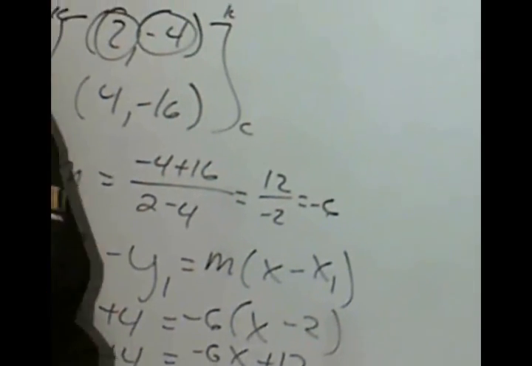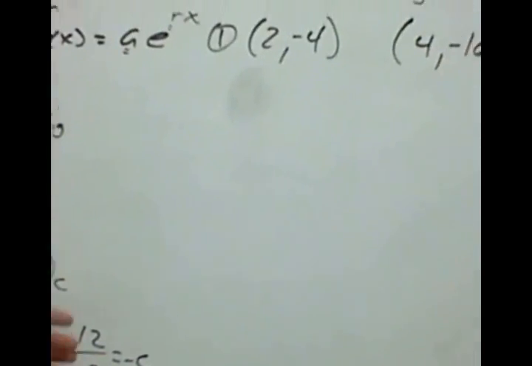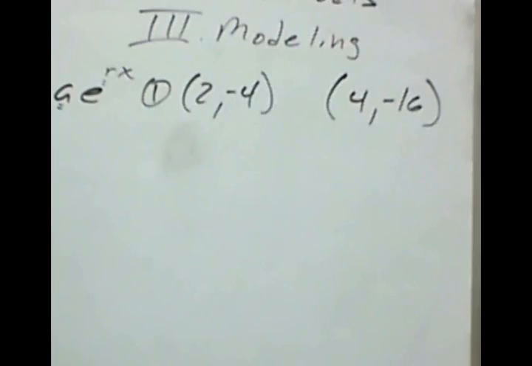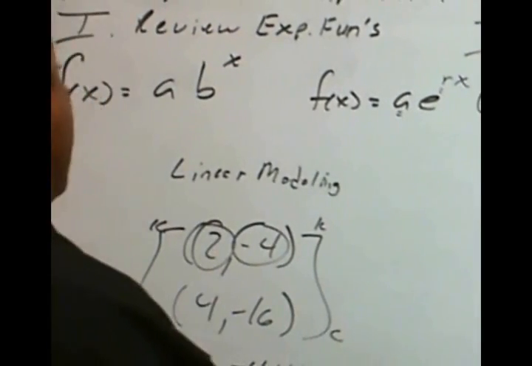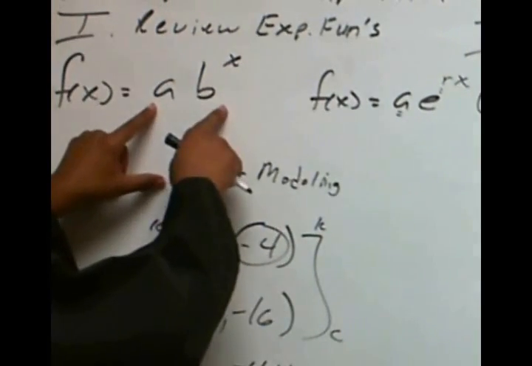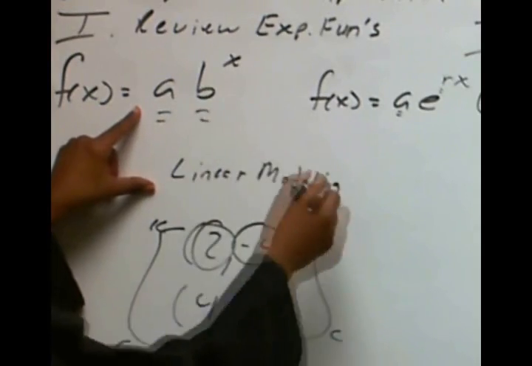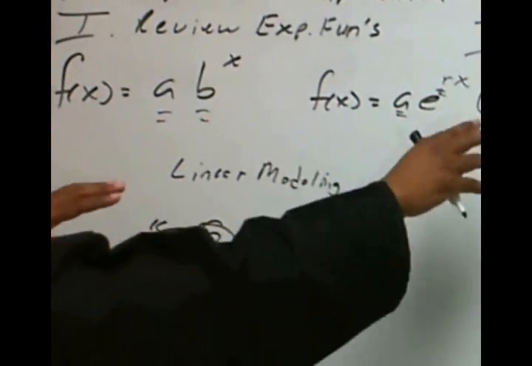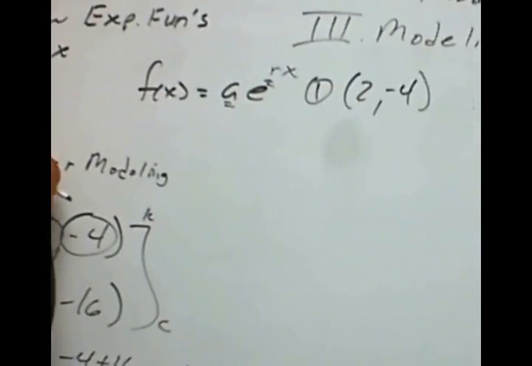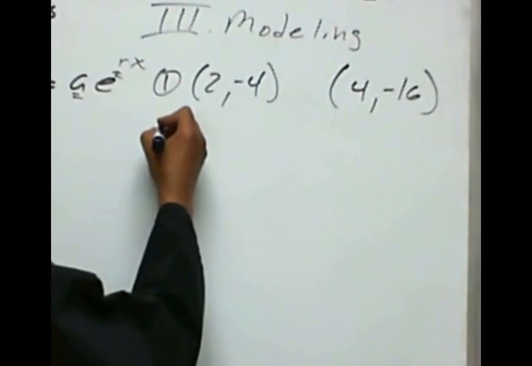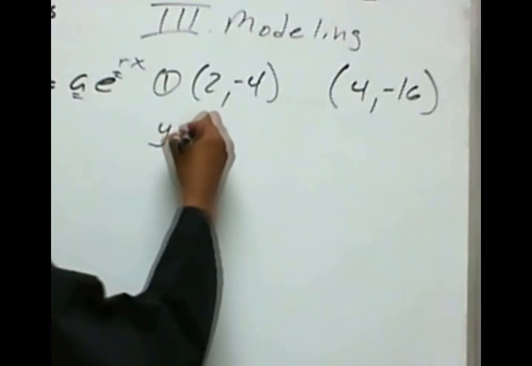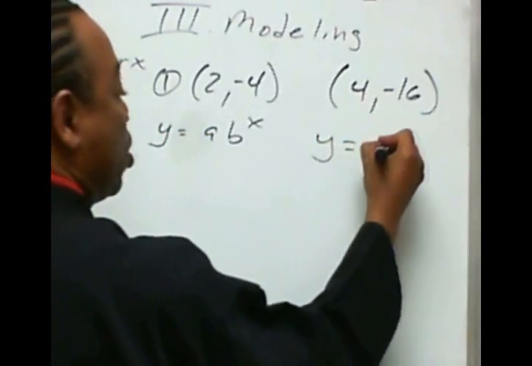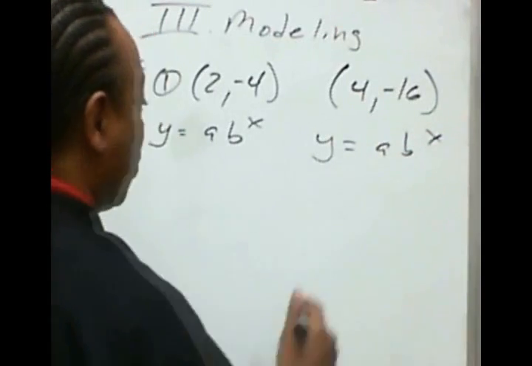What we're going to do now is get a model that's going to be an exponential model from 2 points. Okay, and there's 2 types. There's this model here that has A and B. There's another model that has A and R. Let's get a model that represents those 2 points that uses the A and B. So I'm going to use y equals ab to the x for this one, and y equals ab to the x again for that one.